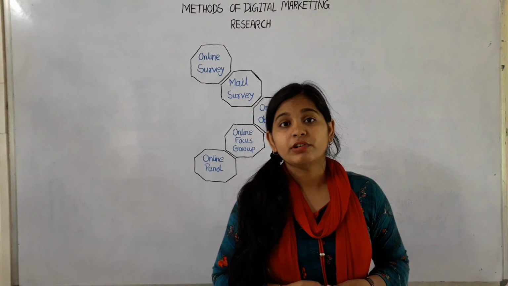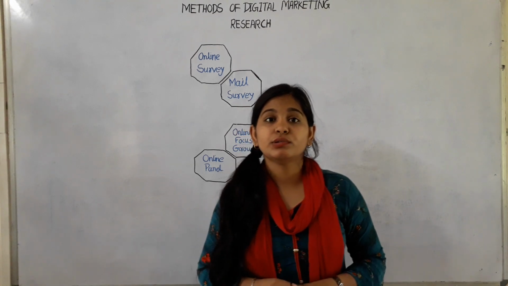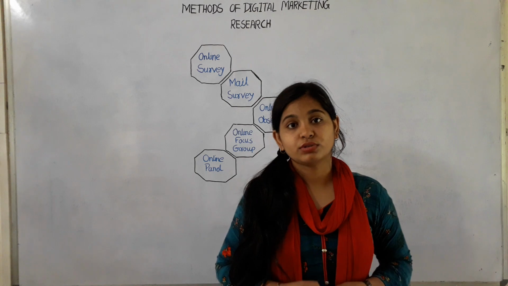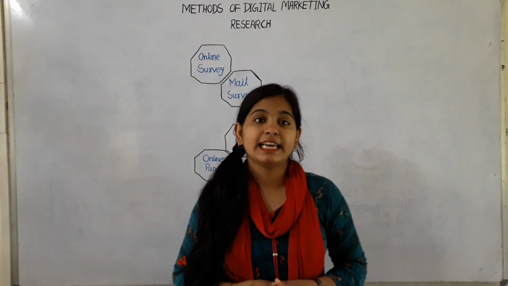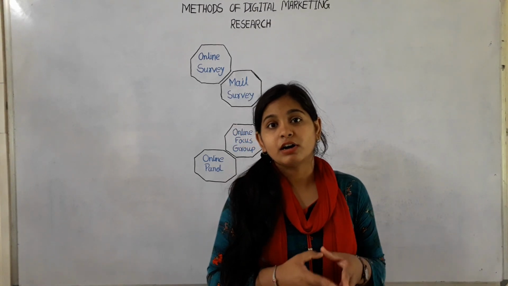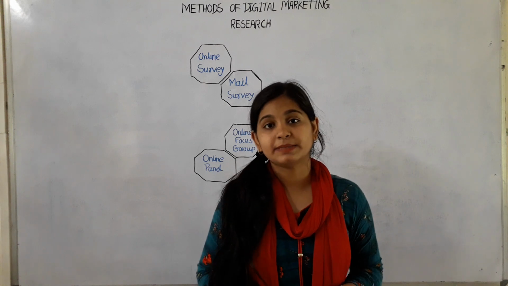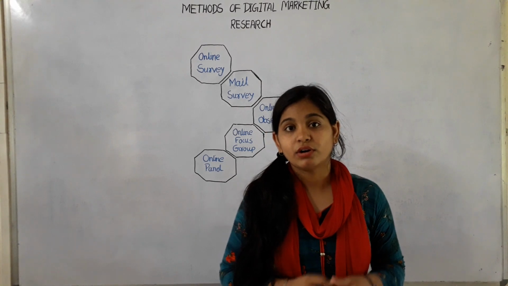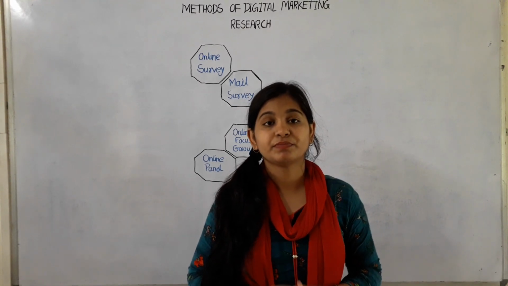So this information is collected with the use of different types of data from different sources. So we can say that the type of data or the sources from which the data has been collected plays an important role in the procedure of digital marketing research.